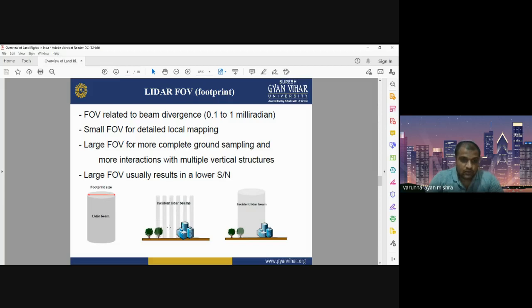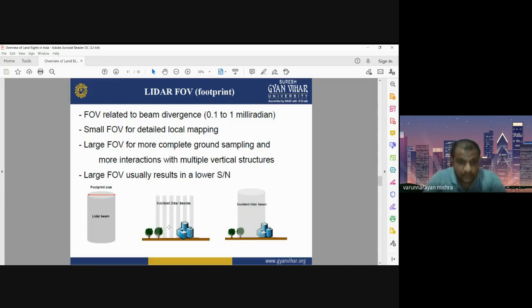So field of view is very important in the case of lidar. The information captured by the lidar is directly related to the size of the field of view, or the footprint. A smaller footprint is very useful for detailed terrain mapping. A larger FOV means a lower signal to noise ratio.